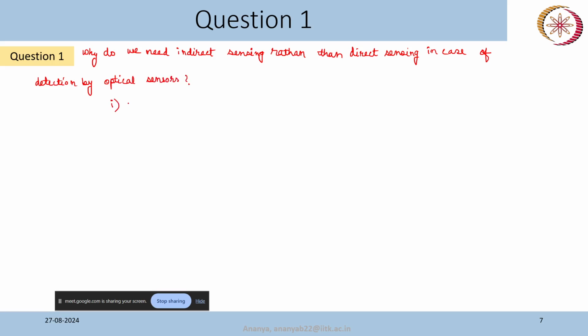First option is for more accurate quantification of output signal.